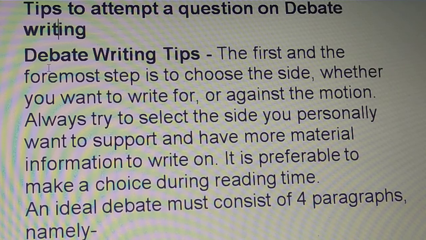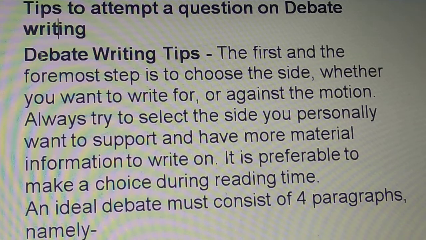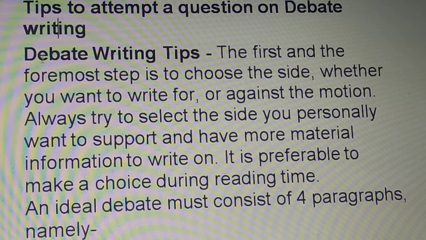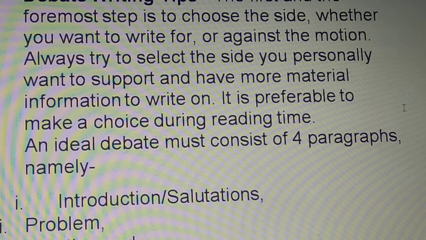Always try to select the side you personally want to support, and have more material information to write on. That's very important. It is preferable to make a choice during reading time.